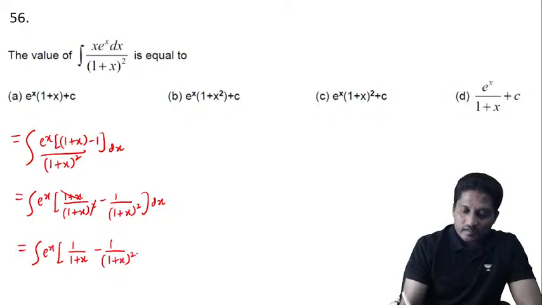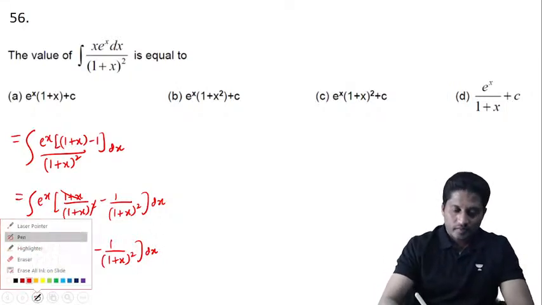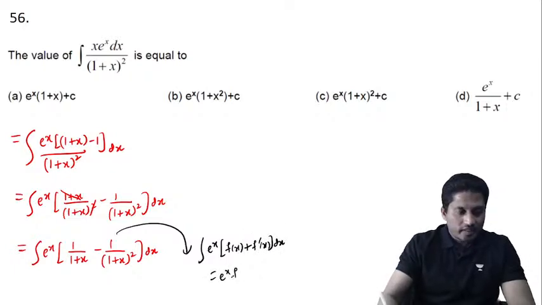Isn't it, guys? Now this fellow is of the form integration of e power x into f of x plus f dash of x. Okay, formula will be equal to e power x into f x plus c.